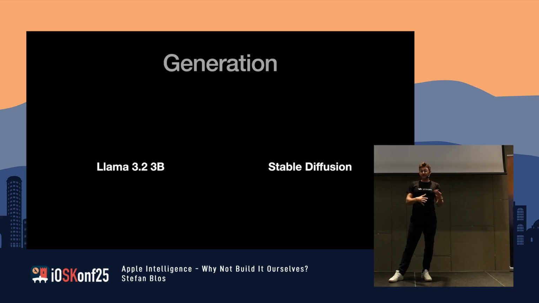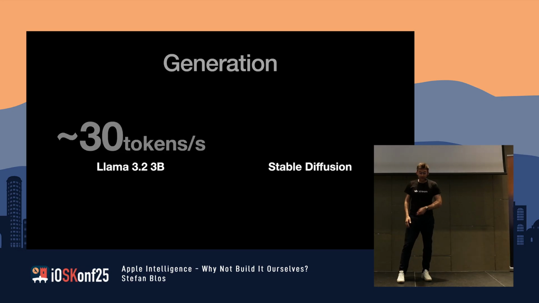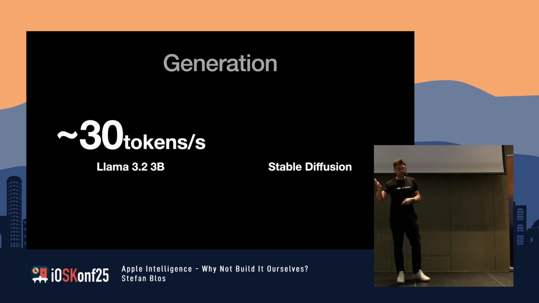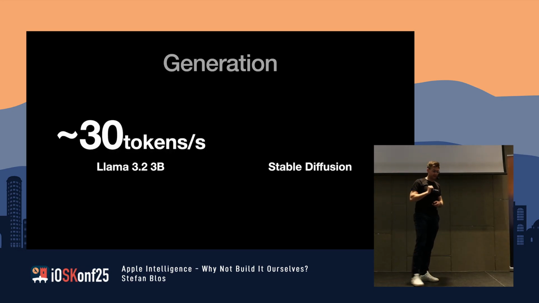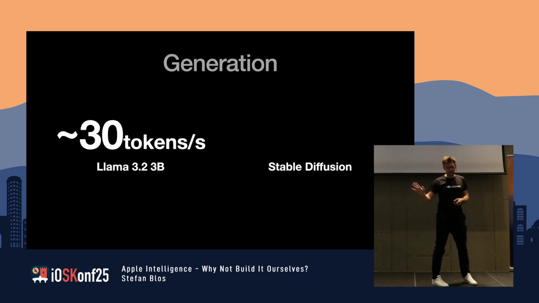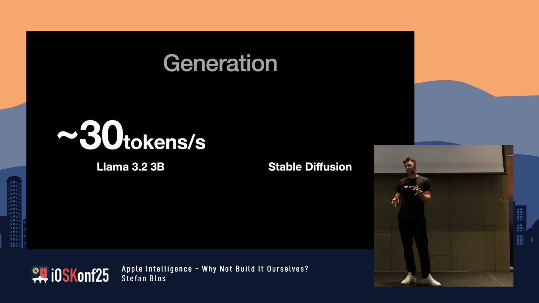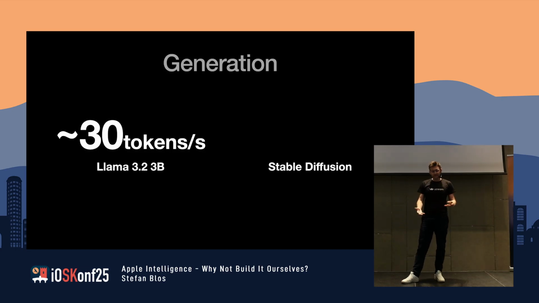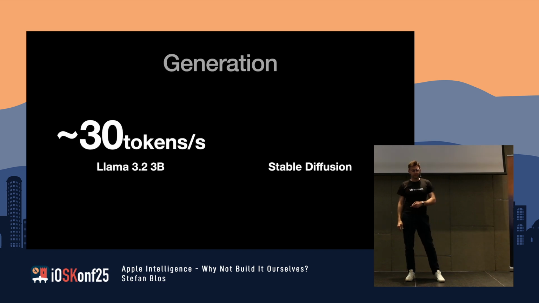And then for the generation phase, I showed you the 3 billion parameter text model, which was actually happening in real time. So I didn't speed up anything. I didn't cheat there. And it actually created 30 tokens per second. And you can think of a token roughly like a word. So I think this is okay. Like the experience for the user is quite good there.